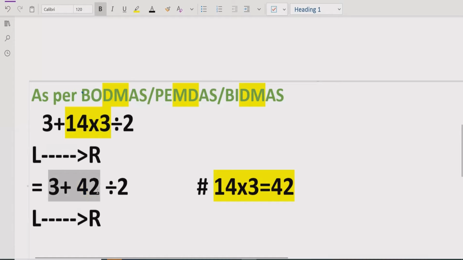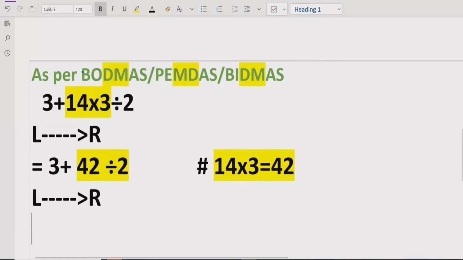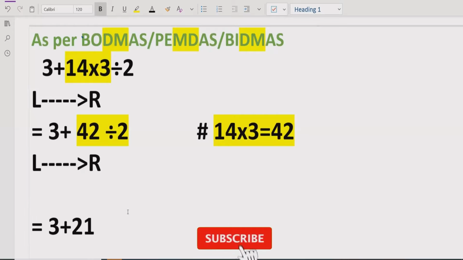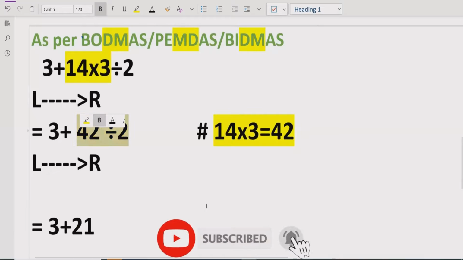Again we do not solve this part, because we have division in our expression. So first we will divide this part, because division has higher precedence than addition and subtraction. So now we divide: 42 divided by 2 is 21, and we write 3 plus 21.